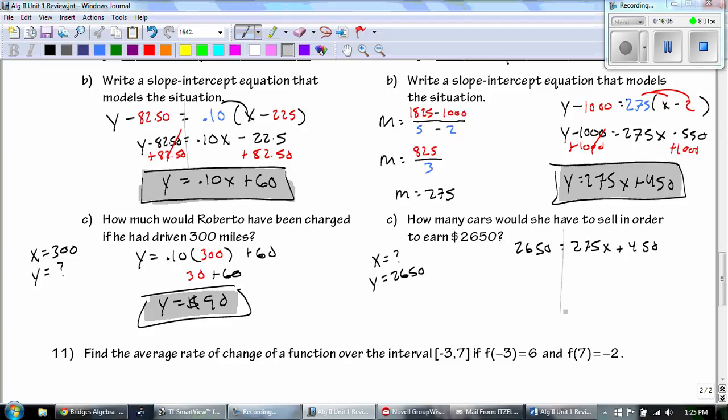I'm going to subtract the 450 from both sides, and we get 2,200 equals 275x. I'm going to divide by 275 on both sides, and we get that 8 equals x.